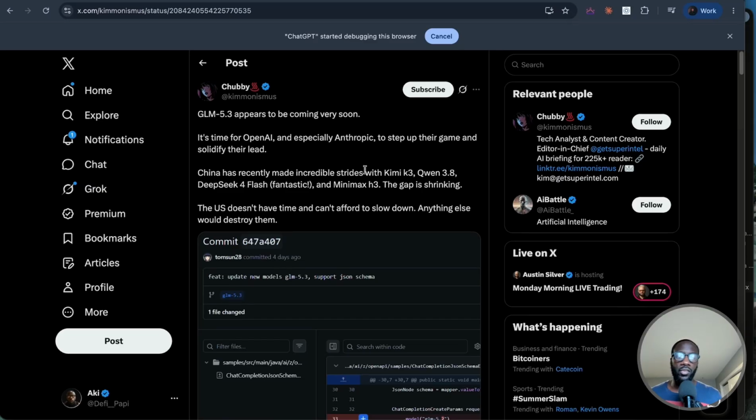Outside of Fable 5, it's pretty much indistinguishable when you look at the Qwens, the Kimis, the MiniMaxes, the GLMs. And there's also been a big call for the US to slow down on AI development because of how capable we're seeing these AI models and what they're able to do from a security breach standpoint.